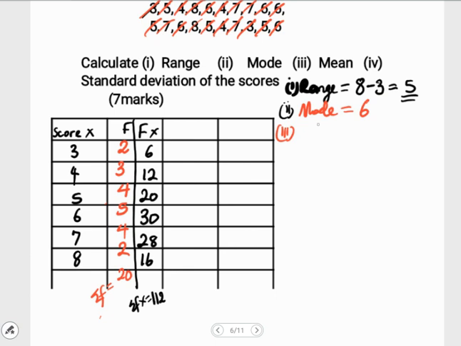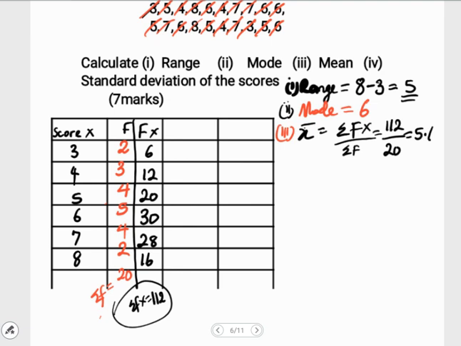Therefore, the mean is equal to summation fx over summation f, and that is equal to 112, which is the summation fx here, over summation f, which is 20. So when we divide 112 by 20, we have 5.6. So the mean is equal to 5.6.